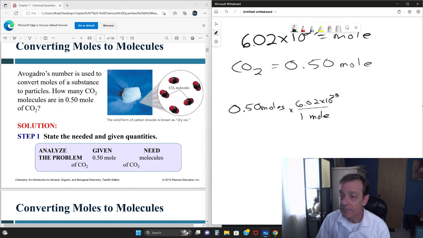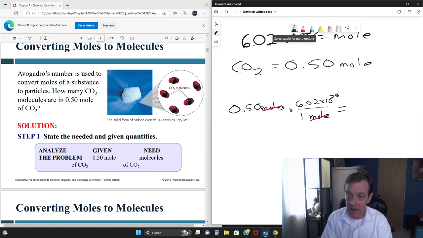Now, just like we did before, let's make sure that we set this up right. Our moles cancel, and that leaves us with a number of particles.